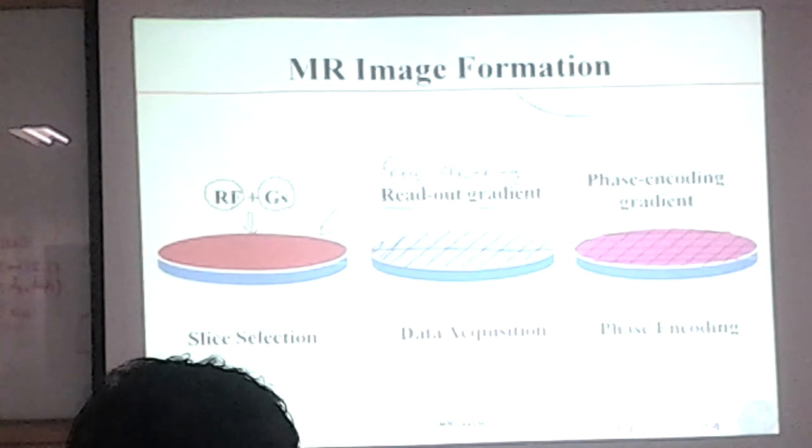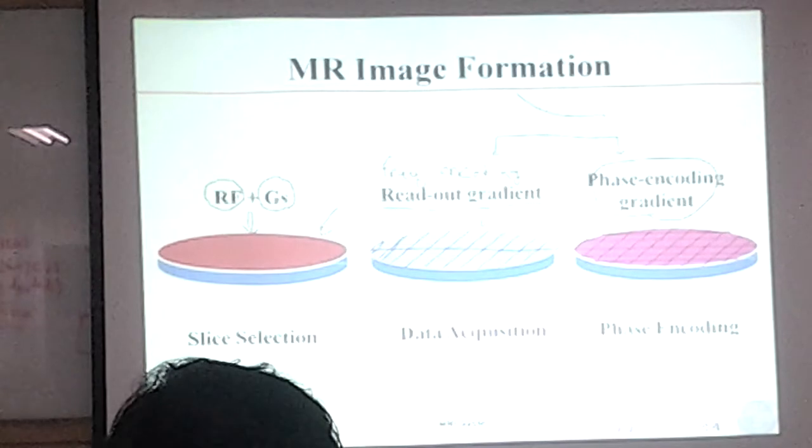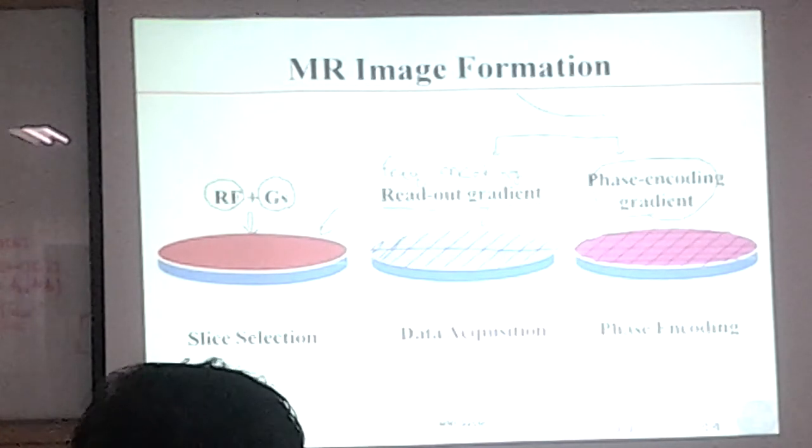In the other direction, spatial information is resolved by the phase encoding gradient. The two methods are principally the same, and the encoding method is a little bit different, but the spatial information is encoded by frequency with the same principle.